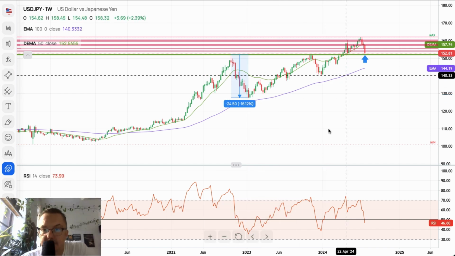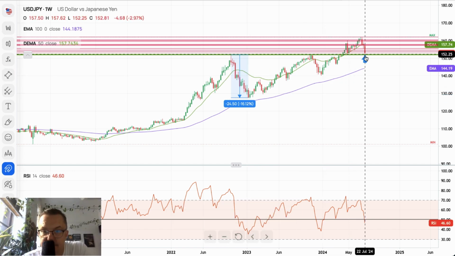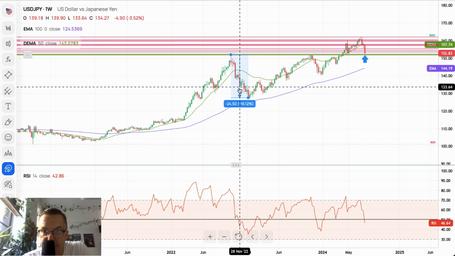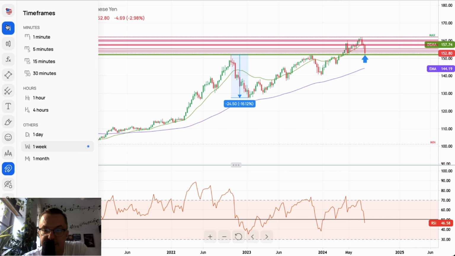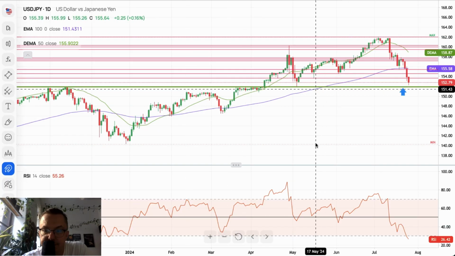All right, so this 6% correction is not even half of that correction, right? So we can still say that the uptrend is intact. However, the correction was needed for some reason.